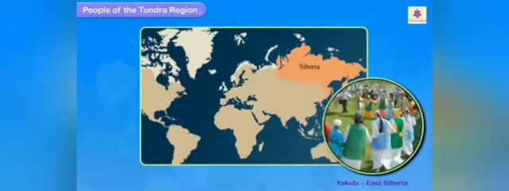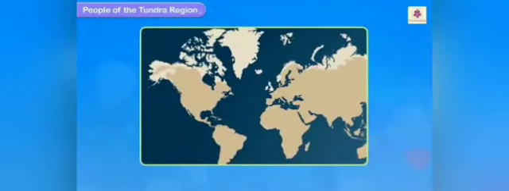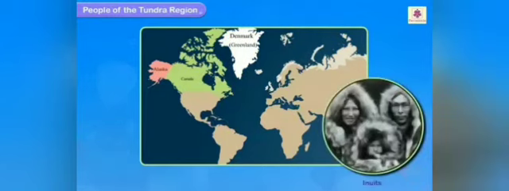The Yakuts live in East Siberia. The Koryaks and Chukchi inhabit northeastern Siberia. People that live in the tundra region of Alaska, Canada and Greenland are known as Inuits.